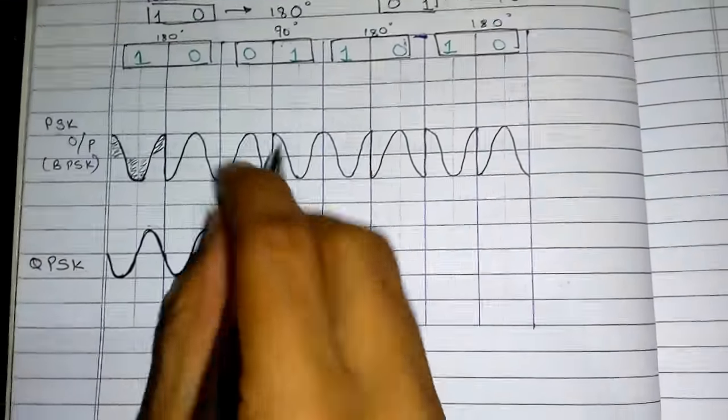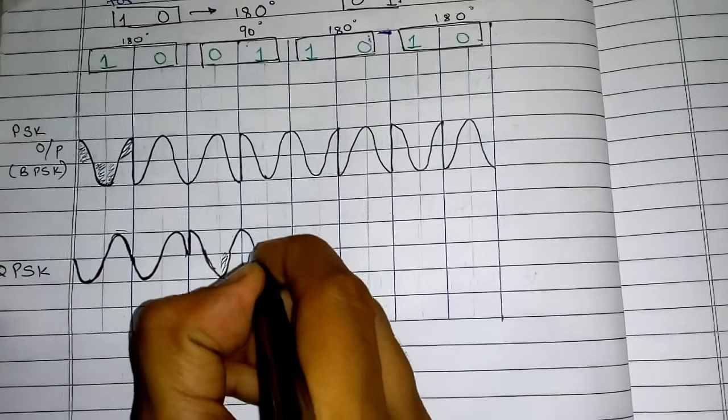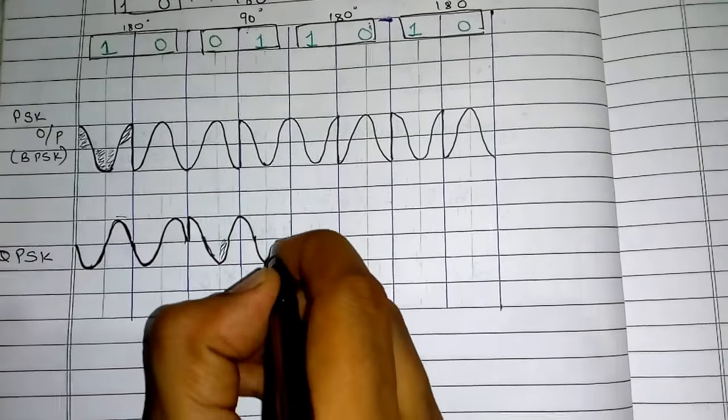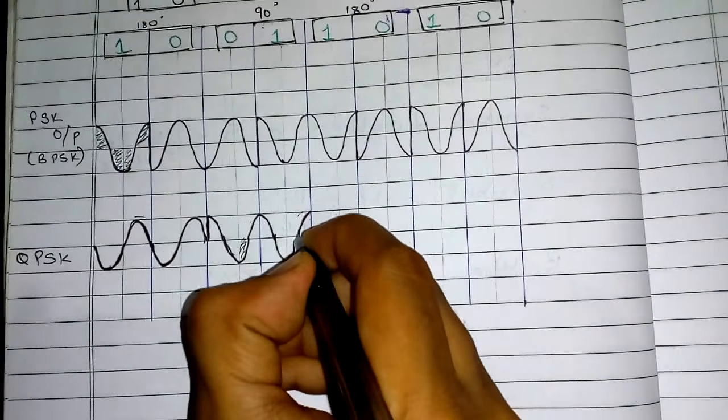Then this one, since it forms a pair, again will cover 90 degrees halfway, then 90 degrees, then 90 degrees, and then 90 degrees.